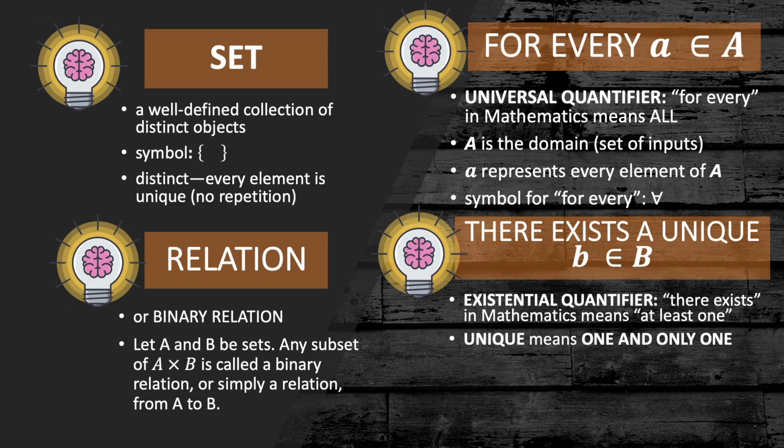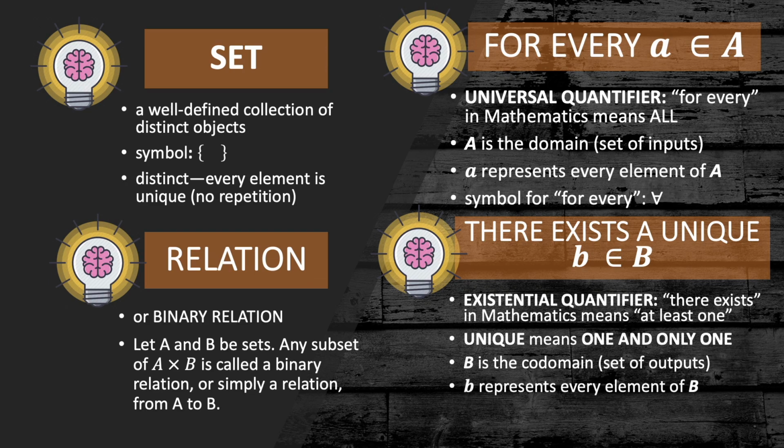Putting all this together, for every a element of A, there exists a unique b element of B means that each element we can find in set A or our domain must be paired up to one and only one element in set B. The set B is what we call the codomain or set of possible outputs or y values, while the small letter b represents every output or y value in the codomain.